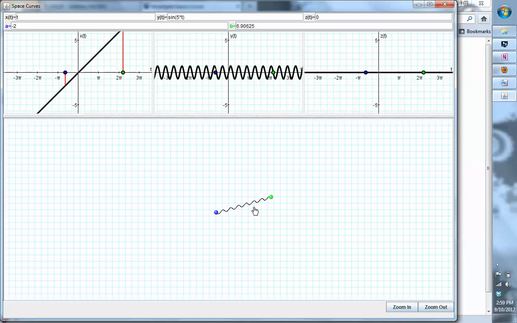In fact, it might be worth talking a little bit about that. From this perspective, I'm looking down on the xy plane, but with the mouse, I can grab that y-axis and I can actually drag it so that it's pointing straight towards you. If I do that, what's this curve going to look like?